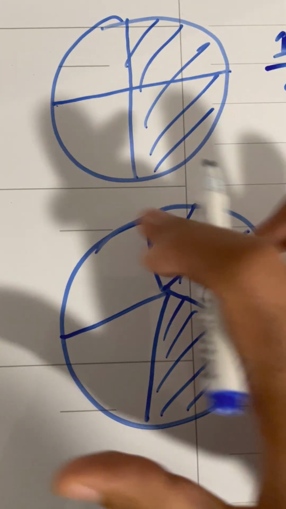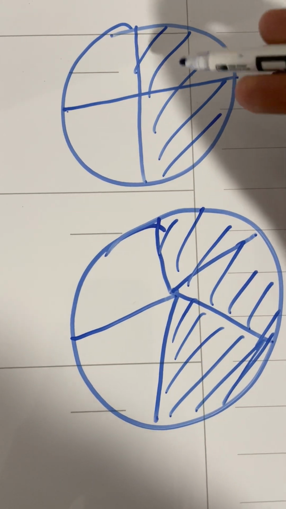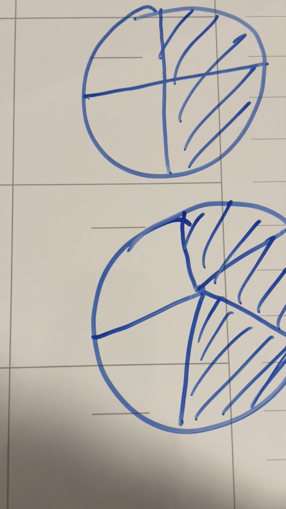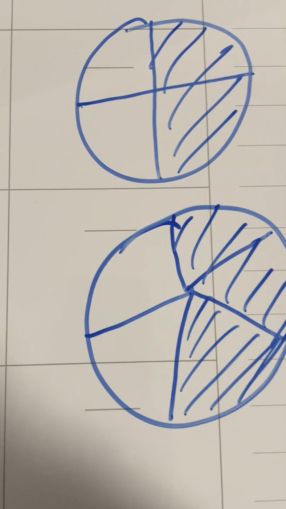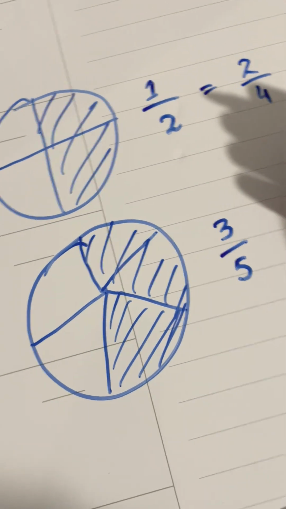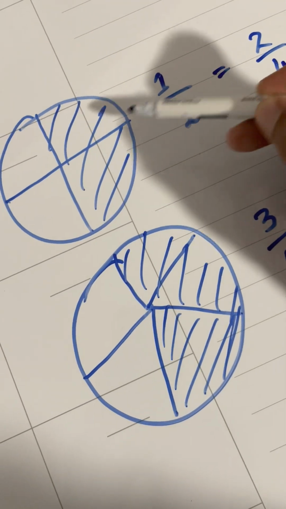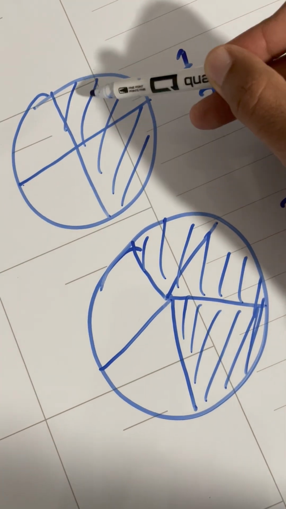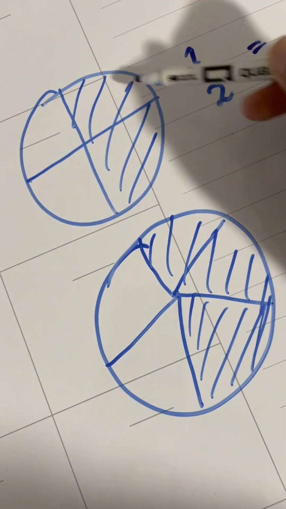But we did not change any shaded area or unshaded area. That means 1 by 2 and 2 by 4 will be equal. It means we can also write 1 by 2 equal to 2 by 4, because one part is shaded out of 2.